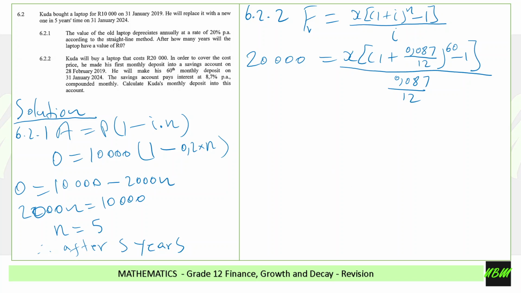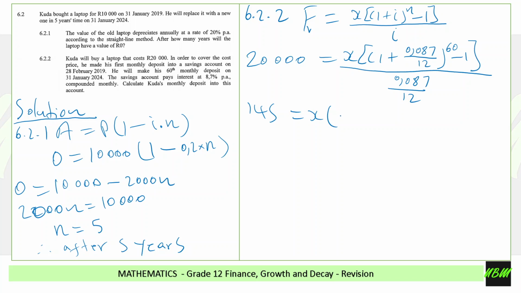Then from here, now solve for x. Firstly, let's multiply 20,000 by 0.087 divided by 12. This will give us 145, which equals x multiplied by, inside the brackets, 1 plus 0.087 divided by 12, to the power of 60, minus 1.